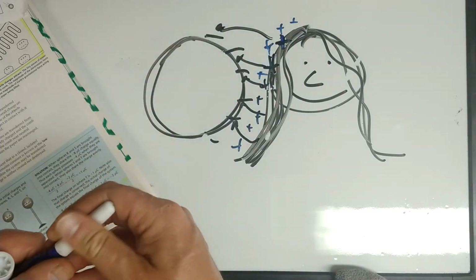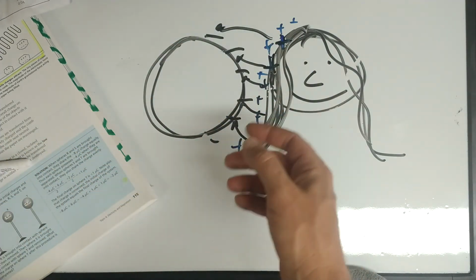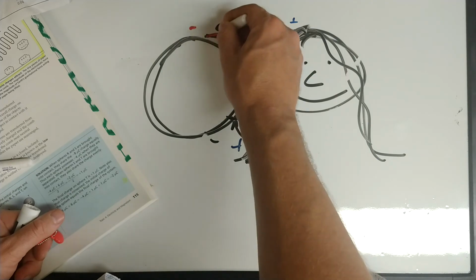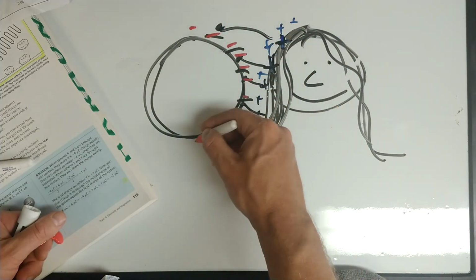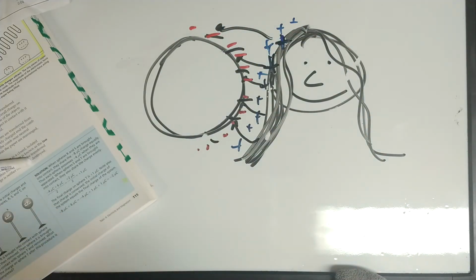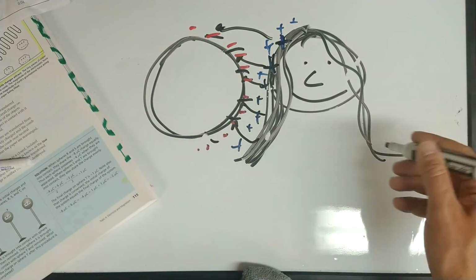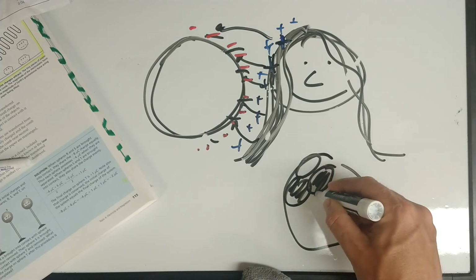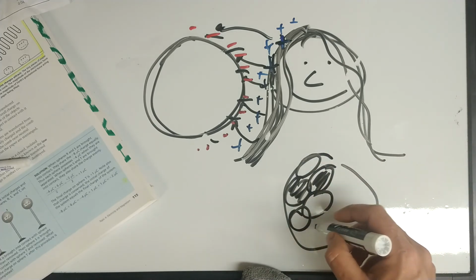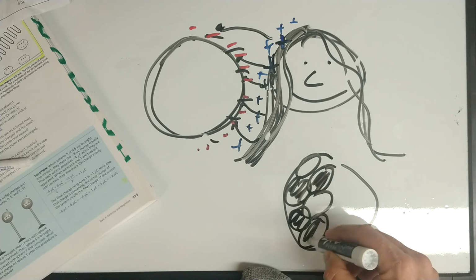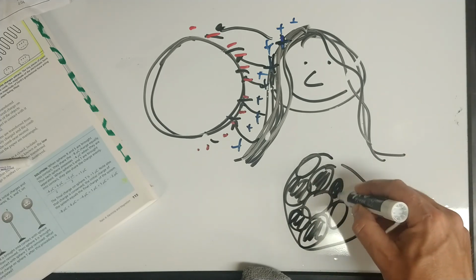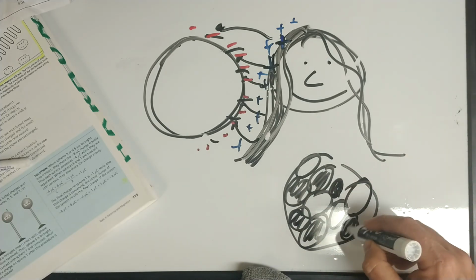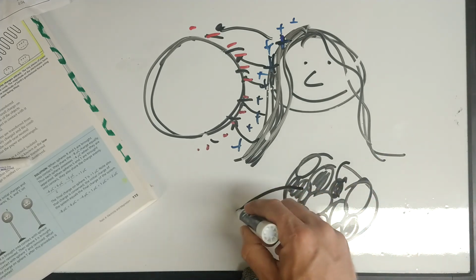So for every 1 electron that gets transferred over, you leave behind 1 positive charge, 1 proton that stays behind. Protons are stuck, right? Protons don't move from one place to another. You can't take a proton, right? If we have an atom made up of protons and neutrons, let's say the black ones are the protons, I'm just drawing this. I can't move protons out of the nucleus, right?